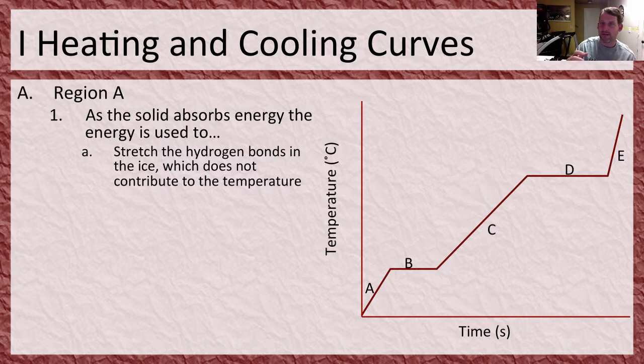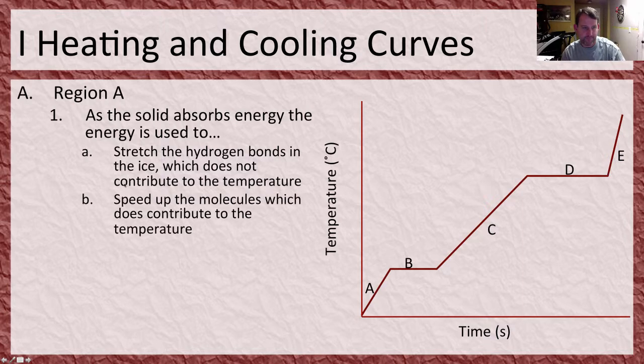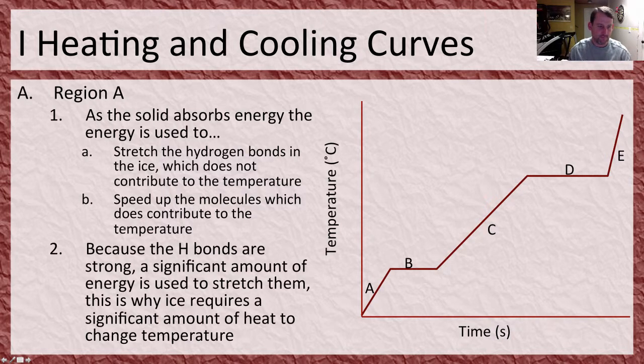And this stretching of the bonds, again, does not contribute to a temperature change. So whatever portion of energy goes into this stretching of the bonds is not heating it up. The other way that the energy is absorbed by the ice is actually speeding up the particles. So the particles move faster, but notice that not all the energy is being contributed in that way. So some of it is stretching and some is contributing to temperature. Okay.